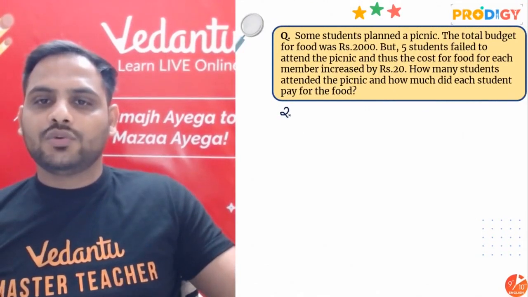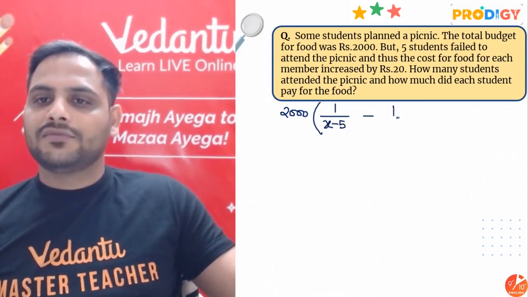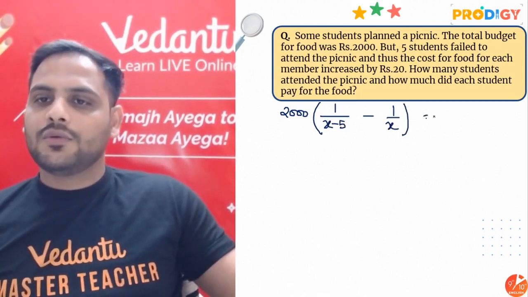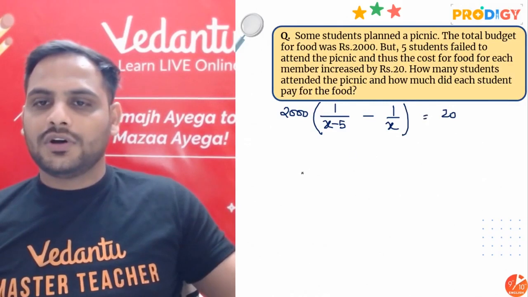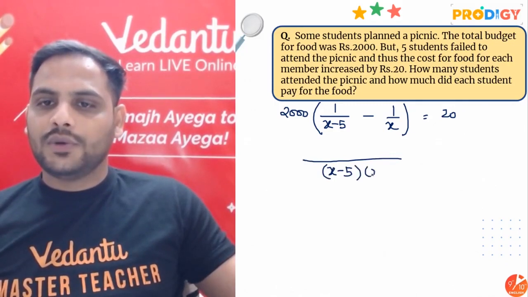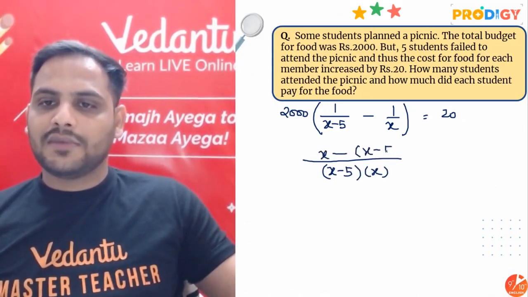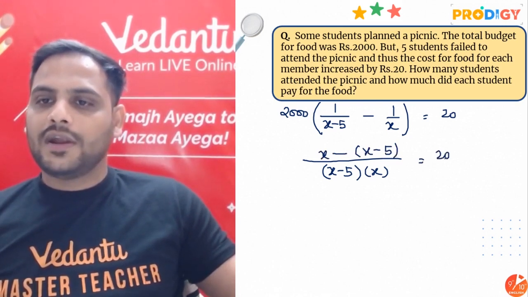If I take 2000 common, I am left with 1 upon x minus 5 minus 1 by x is equal to 20 upon 2000. Here if I take LCM, x minus 5 into x, here multiply with x, here multiply with x minus 5.